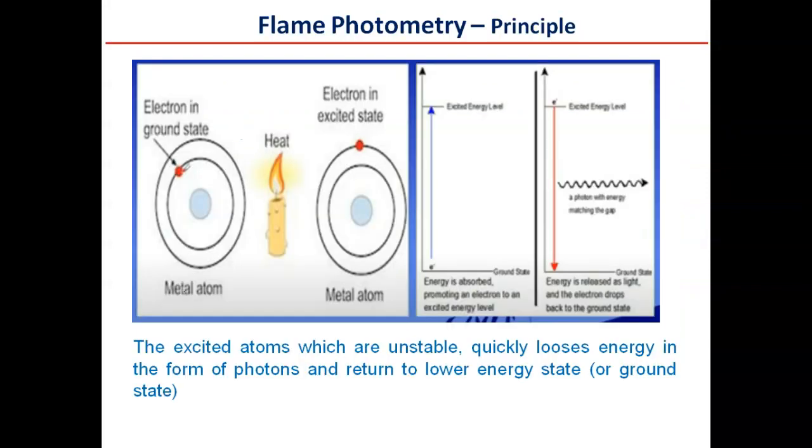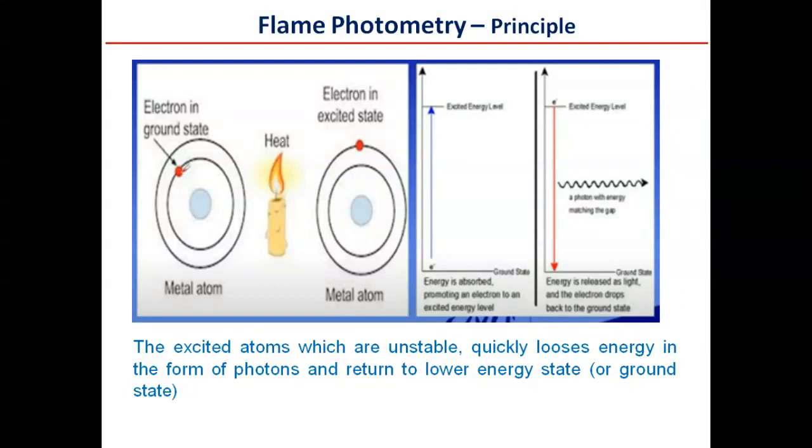So let us discuss this in a little more detail. When the metal atom is in the gaseous state, in the ground state, we have the electron in the ground state.